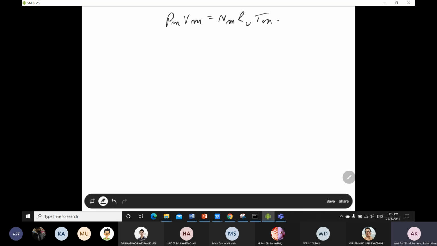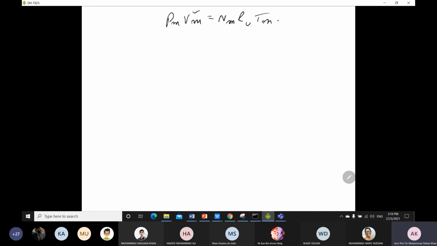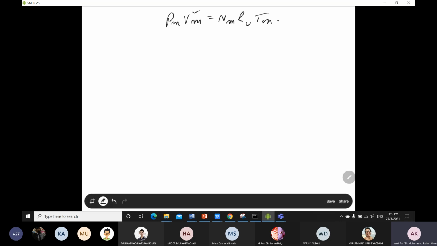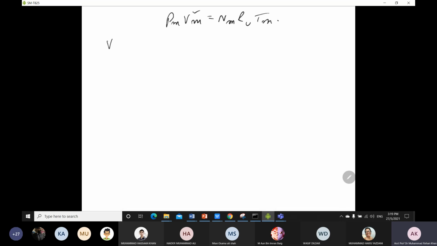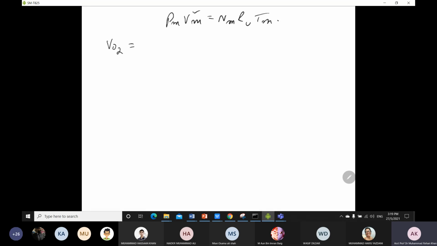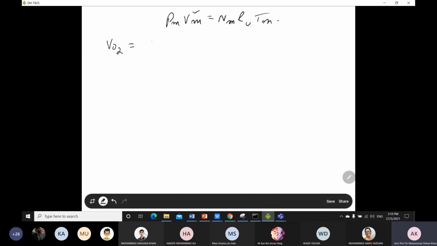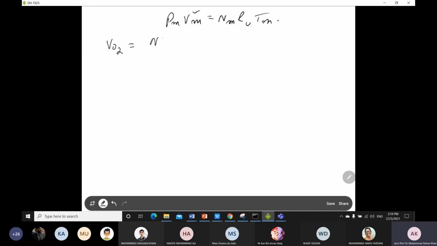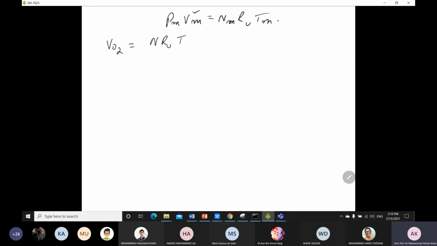Okay, so now we need the value of Vm in this equation. What is the volume of the mixture? First, you need the volume of the individual components. The volume of O2 is, from the ideal gas relation, number of moles times Ru T1 over P1.